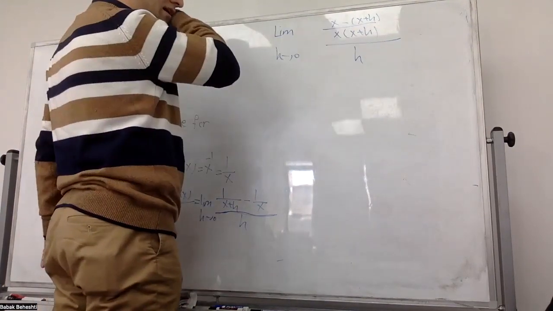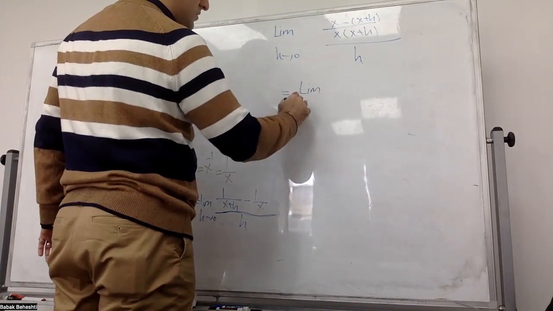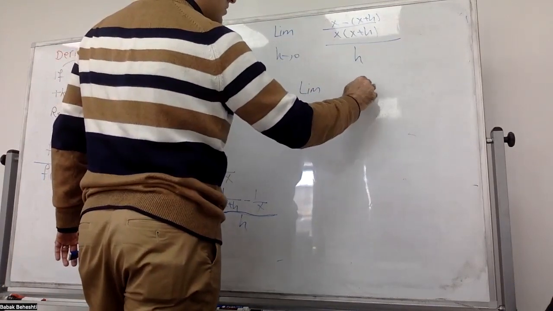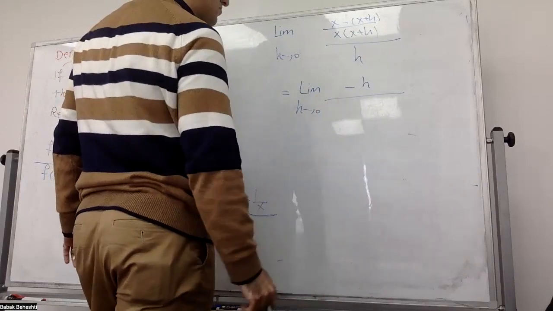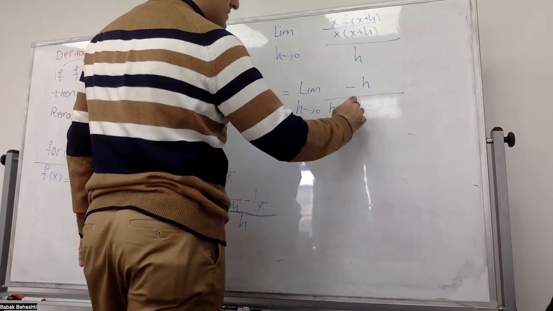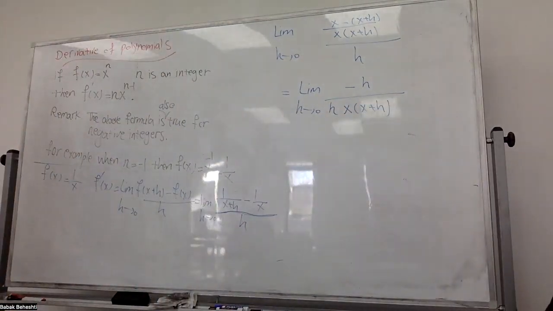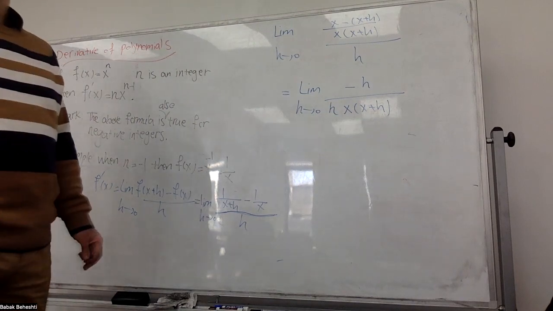So here on the top, you have limit h goes to 0. You have minus h. And at the bottom, you have h times x times x plus h. Right?